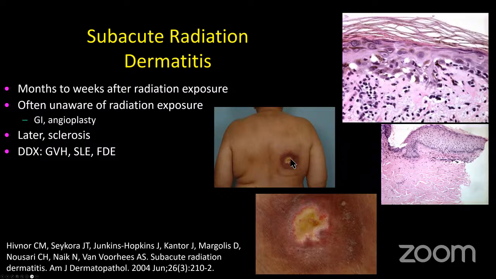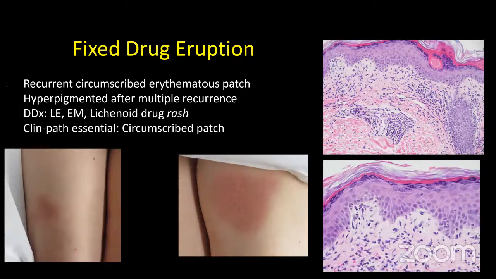And if you ask if they've been radiated, they're going to say no, because it was really due to a prolonged radiation exposure, usually from a GI study or angioplasty or something, and it shoots through the body into the back, and then you get these interface changes that really are indistinguishable from other conditions like graft-versus-host, lupus, and fixed drug eruption.